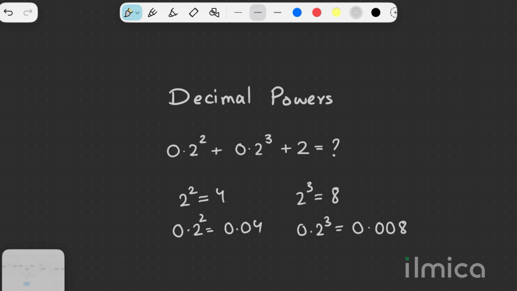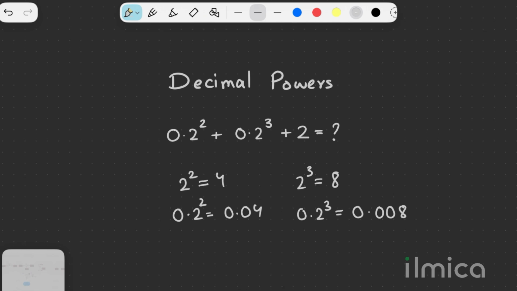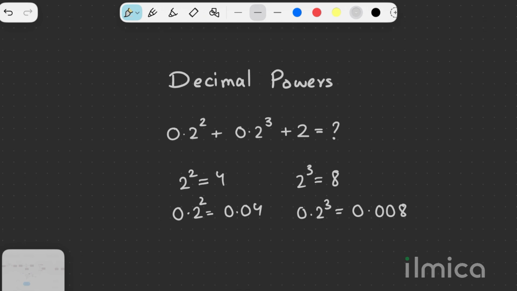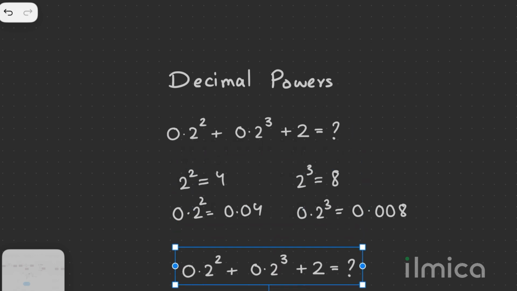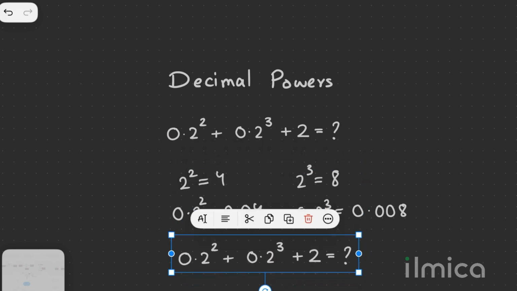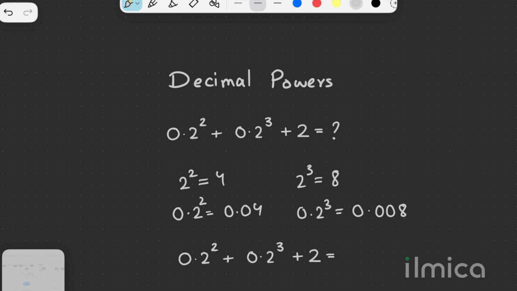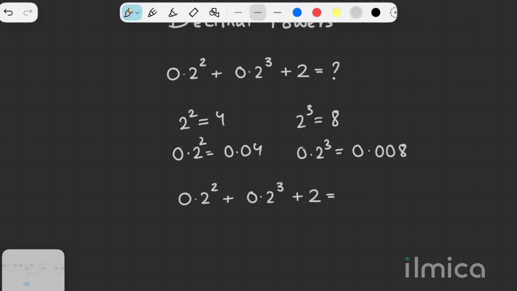All right. So as we now know that 0.2 square is going to be 0.04, let's copy this down again and we will evaluate this now. So 0.2 square is going to be 0.04 plus 0.2 cube is 0.008 plus 2.